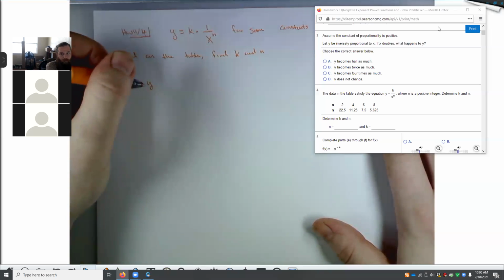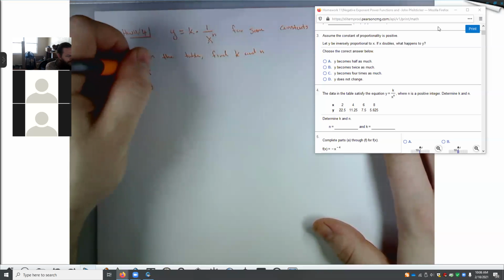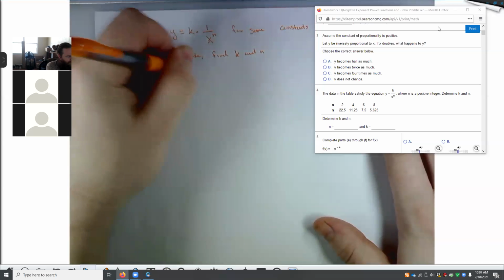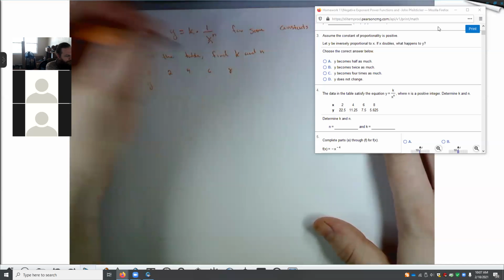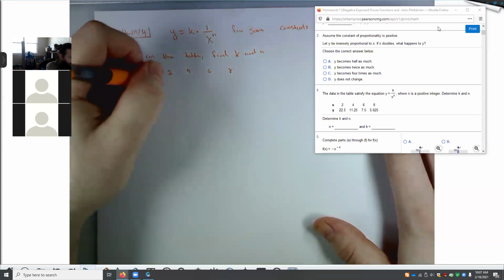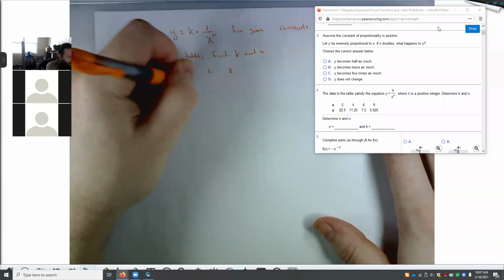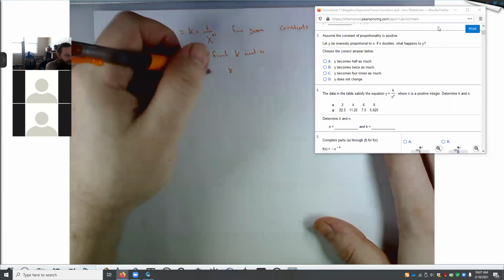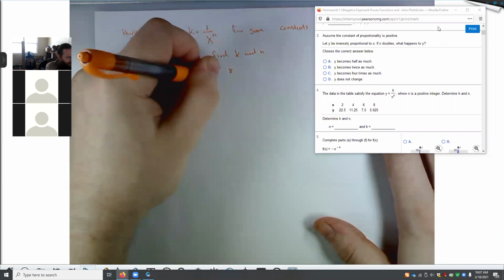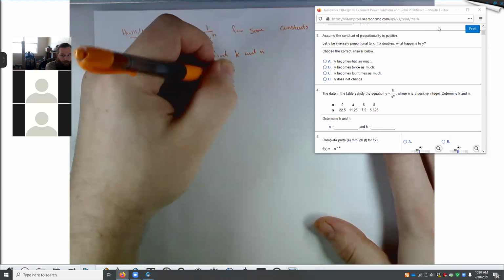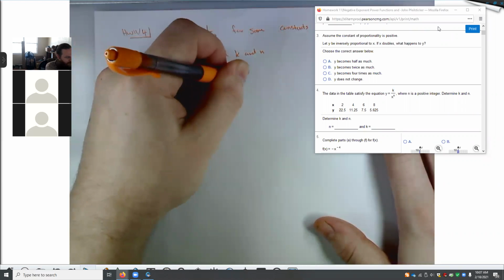The table has x's 2, 4, 6, and 8, and the corresponding y's are 22.5, 11.25, 7.5, and 5.625.